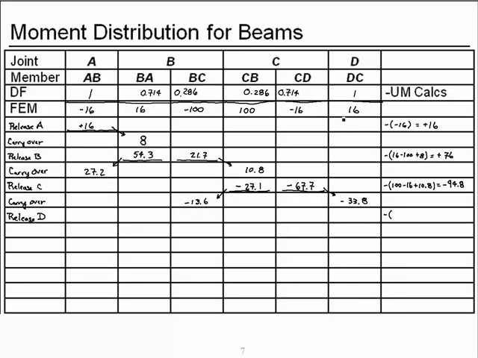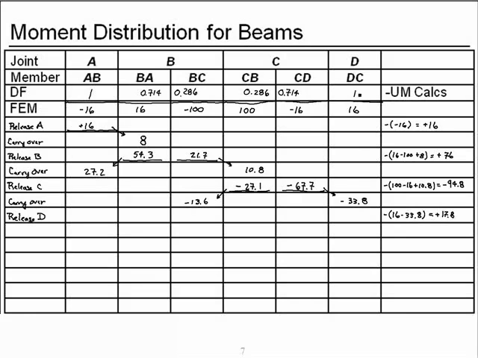We'll add up the unbalanced moment, then we'll reverse the sign. 16 minus the 33.8 gives us a positive 17.8 foot kips once we reverse the sign.